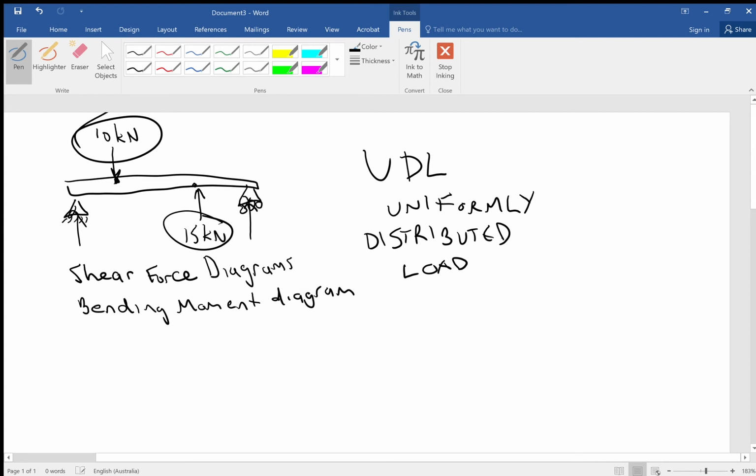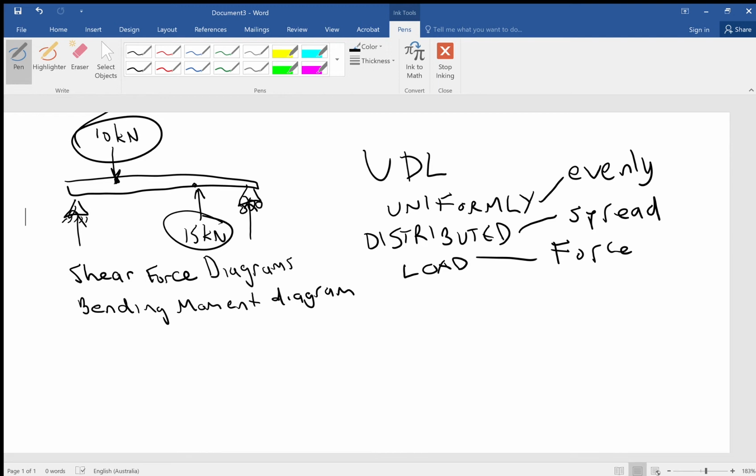Okay, it helps to actually analyze words. Uniformly is another way of saying evenly. Distributed is another way of saying spread. And load, of course, is a force, usually resulting from a mass on the beam. So we've got uniformly spread force, or uniformly distributed load.